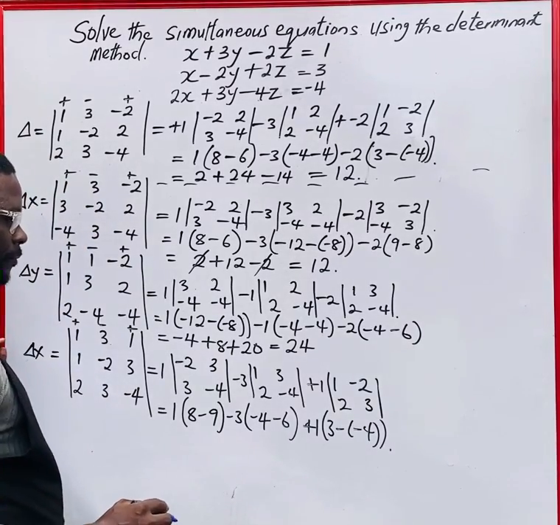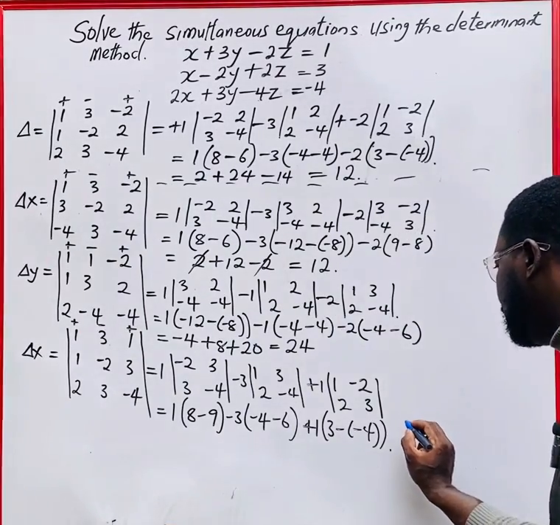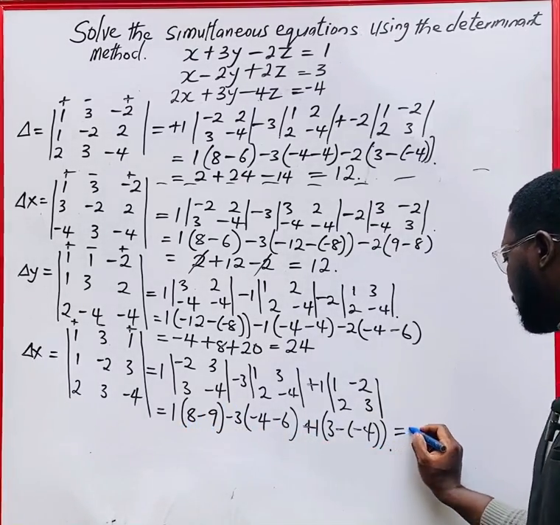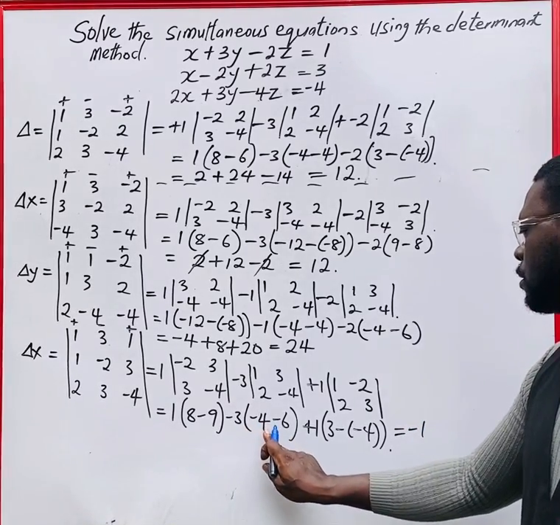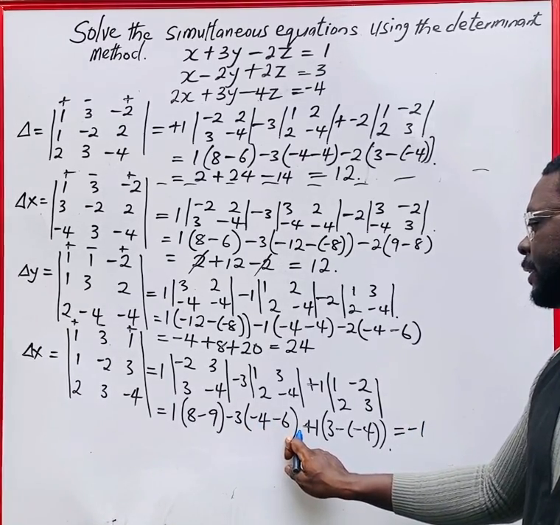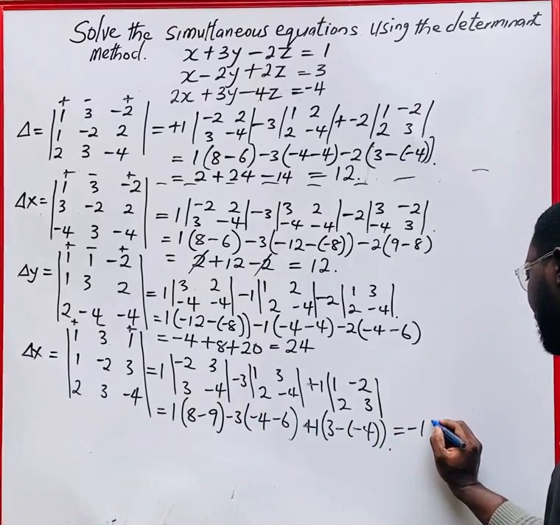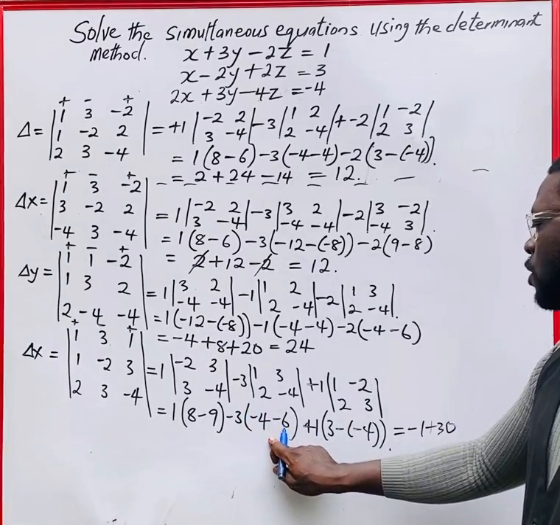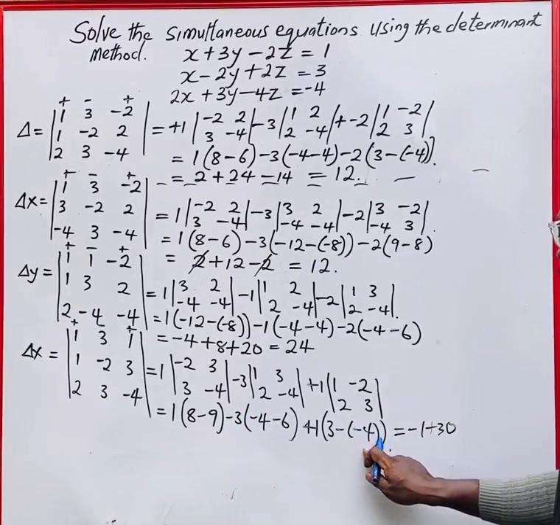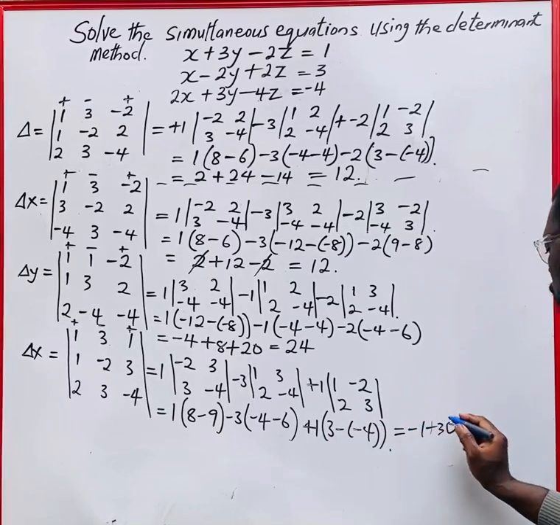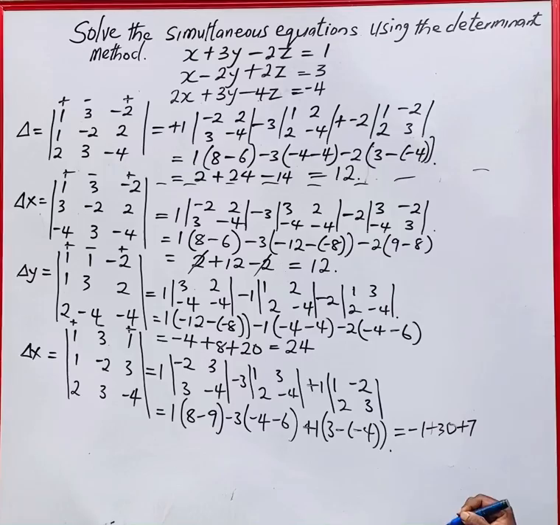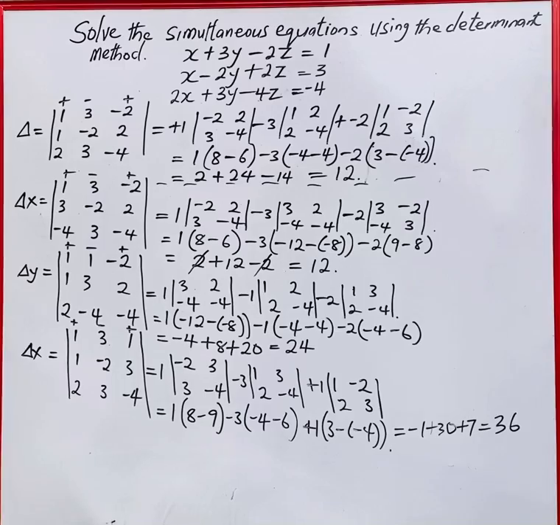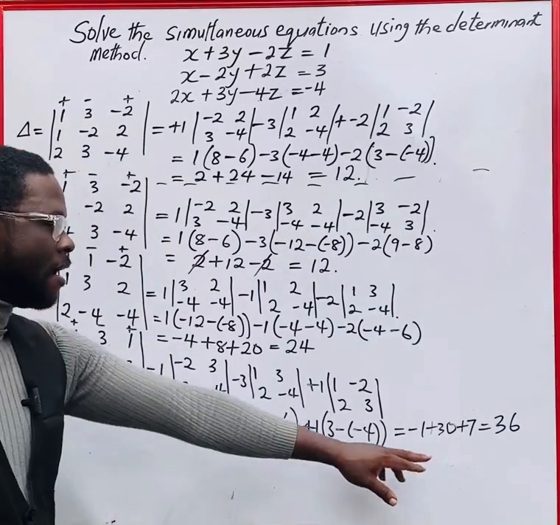So quickly, let me just finish up this side. 8 minus 1 will give us minus 1 here. Minus 4 is minus 10. Minus 3 times minus 10 gives plus 30. Okay? This is 7. 7 times 1 gives us plus 7. So total now we'll have 36. Right. Very good. So we have 36.